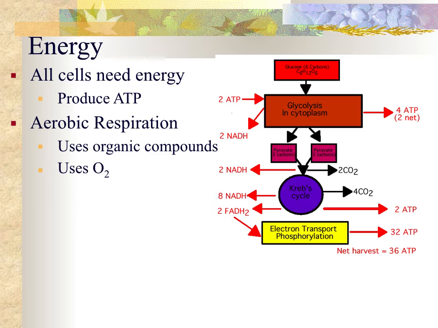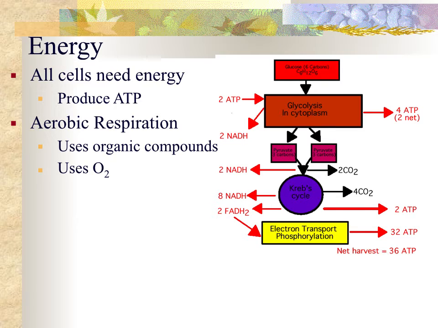Okay, so all cells need energy and all cells produce ATP. And the best way to make ATP is to use aerobic respiration, where you take glucose, or you could do it with a fat or another sugar, and you decompose glucose. And you do this through a couple steps. One is glycolysis. It's a metabolic pathway that occurs in the cytoplasm.